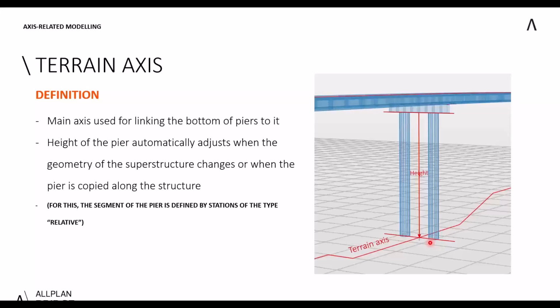If the terrain axis changes its height, or even if I copy the pier along to some other position of the structure, then this bottom point will always be at the level of the terrain. So it automatically adapts to the height. This is the idea of this terrain axis.